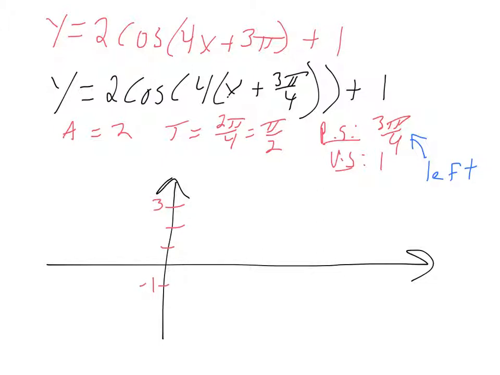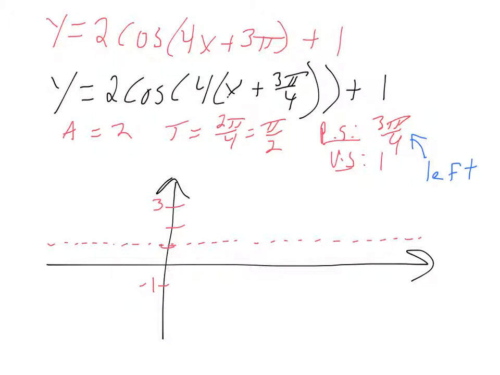And anytime I do a vertical shift, I should always draw my midpoint line, which in this case is going to be positive 1, right? That's where we're going to essentially treat that like our new x-axis when we're graphing our cosine function here.